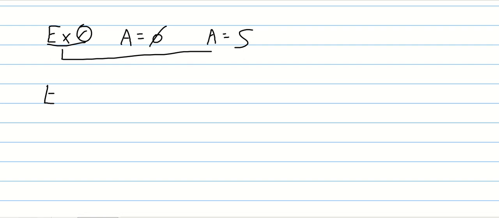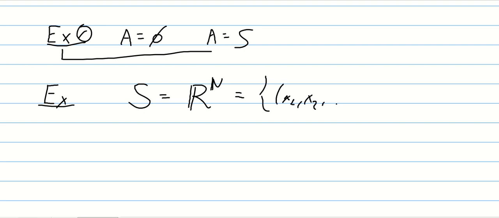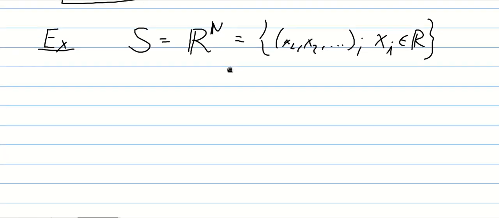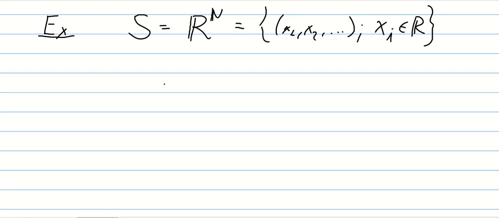Now let's give some non-trivial examples, and for this we're going to need some specific S. The S that we're going to take is R to the N. So it's just the space of sequences x1, x2, and so on, real sequences of real numbers.